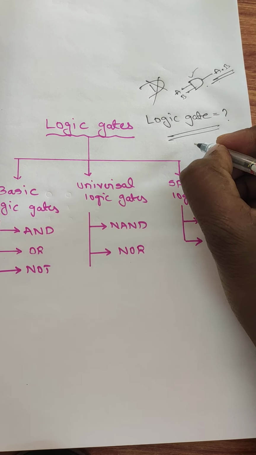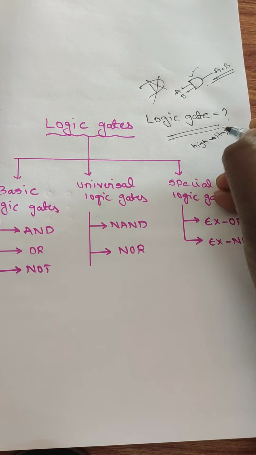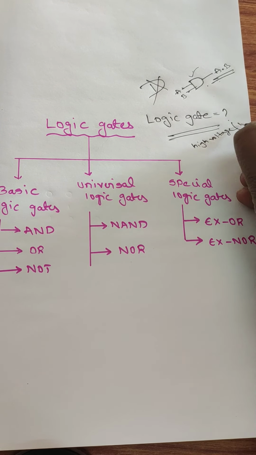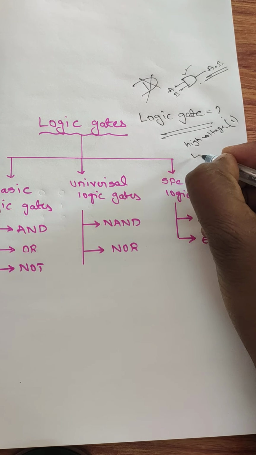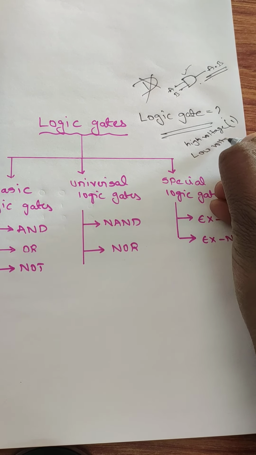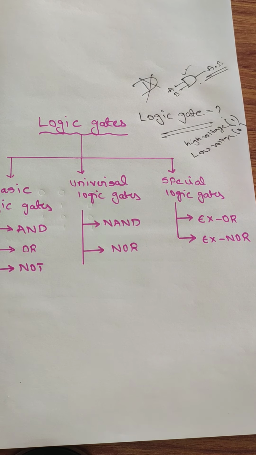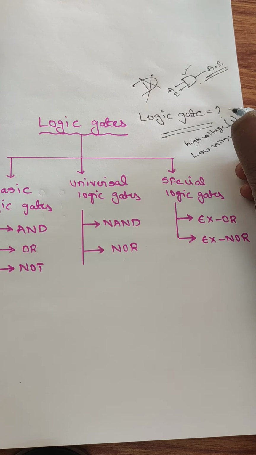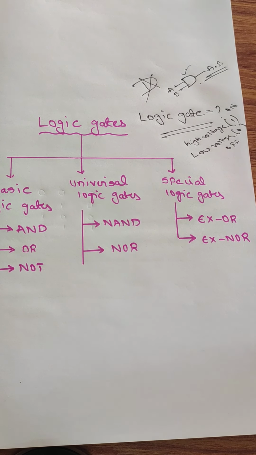That is high voltage, which is nothing but 1, and the low voltage equal to 0. Nothing but either on, 1 means on, 0 means off.